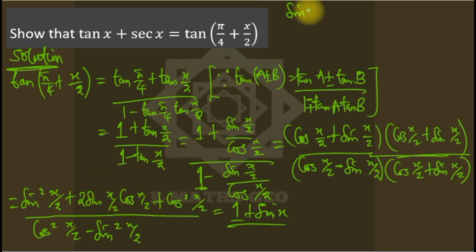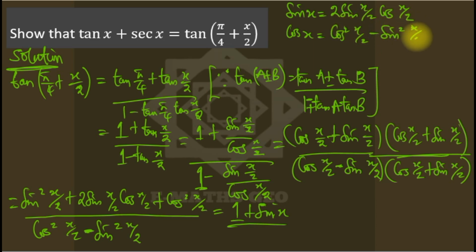That's sine x is 2 sine x over 2 cos x over 2. And again, also from half angles, we see that cos x is cos squared x over 2 minus sine squared half x. So that this is now cos x.